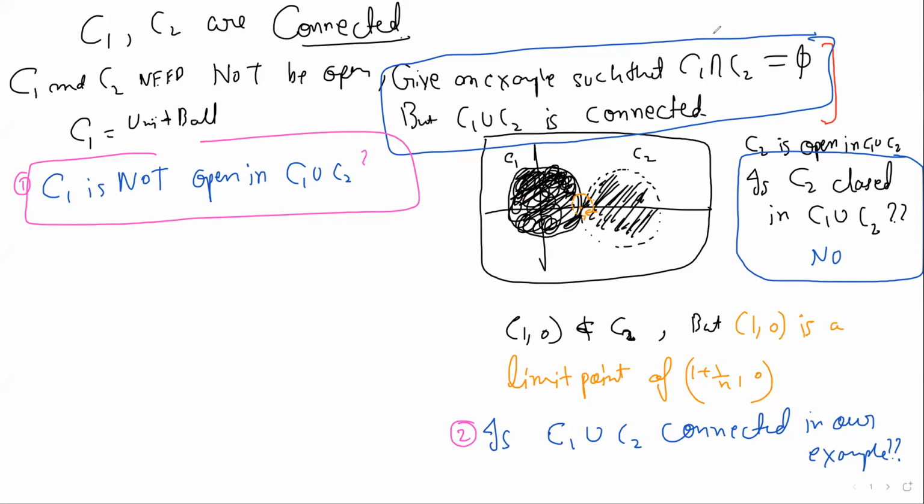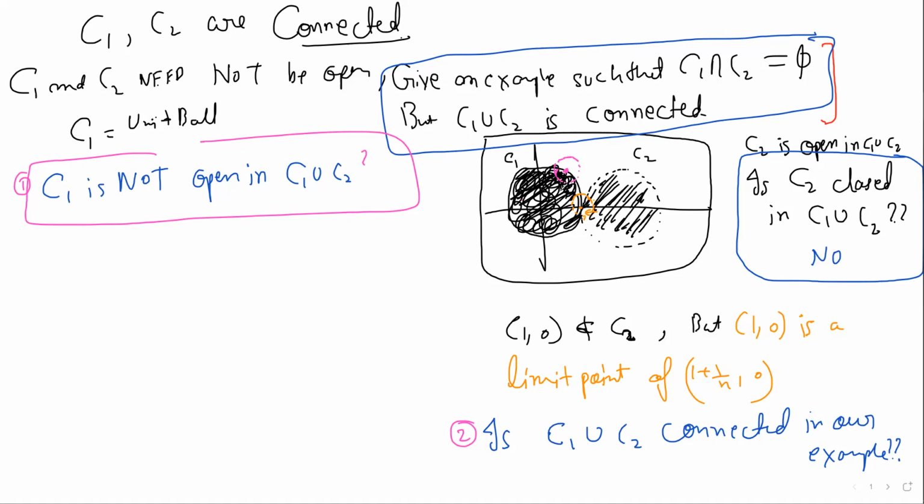But just to make it very clear, at this point I'm going to mark it. Let me do it with white paint. Okay, now let me make it pink, maybe it's not very clear. At the boundary here, it is open, right? Because there, if you make a ball, you are only going to look at the part of the ball which is inside C1 union C2.